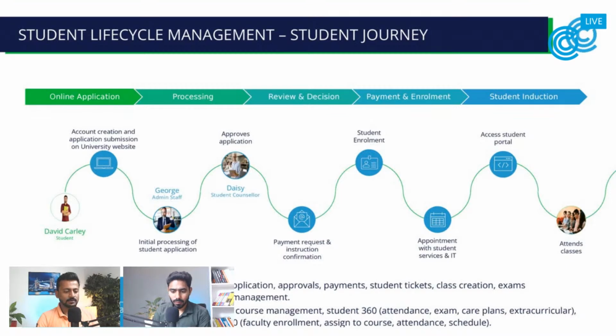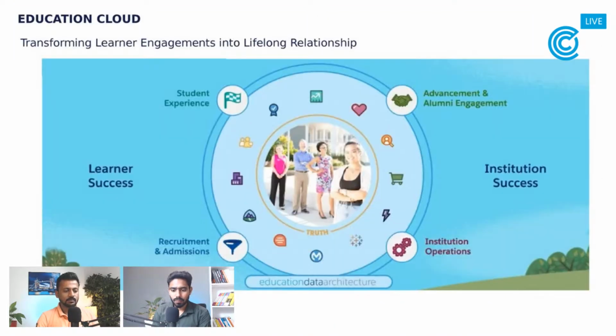I'll now be moving to another slide, where I'm talking about the success of both. That is what we call the success hub. The success of a particular university depends on two parameters: a successful student and a successful university. So how do we enable a student to succeed in his particular career choice?